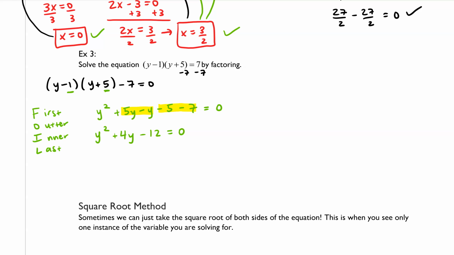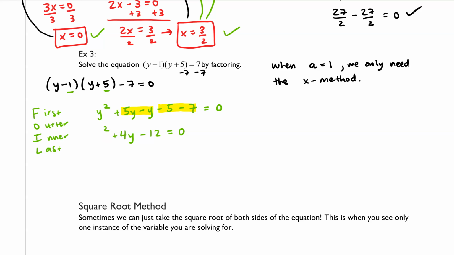Okay, now earlier I said, for an example like this, we would use the Xbox method. However, if your a value is 1, which it is in this case, we only need to use what's called the X method. So let me write that down. When a is equal to 1, we only need what's called the X method, not the Xbox method, okay?